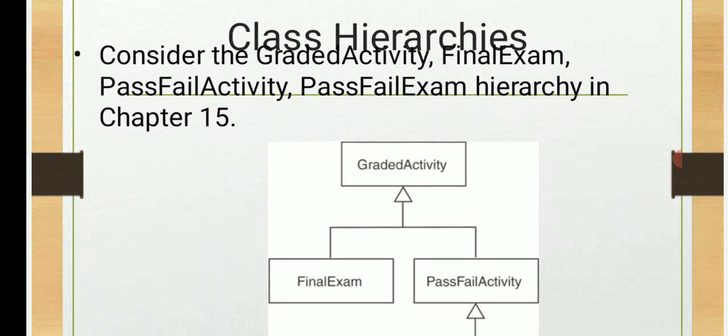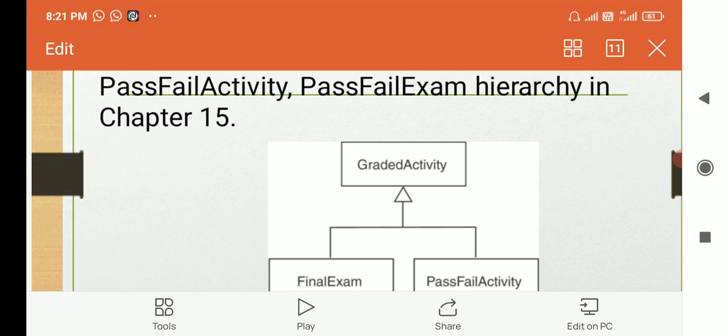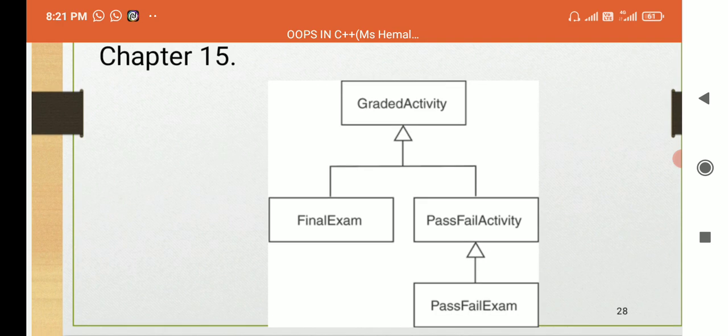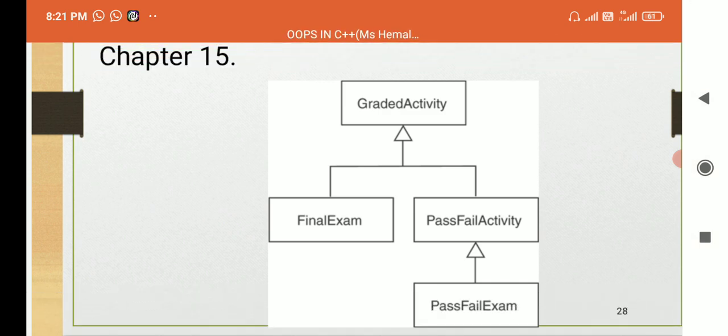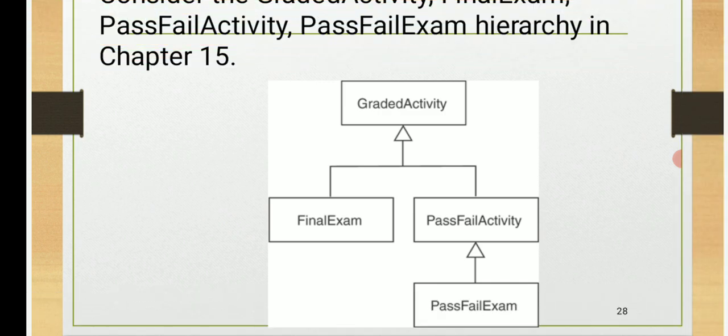So consider this is one example for class hierarchy. Here graded activity is there. This is a base class. After that I am creating two derived classes, final exam and then pass fail activity. Right. So here final exam has its own properties as well as it inherits the properties of graded activity.